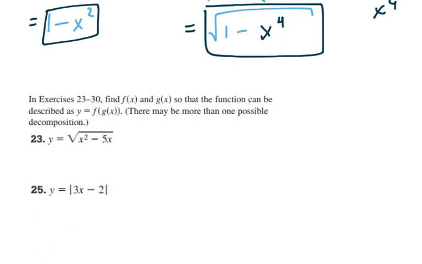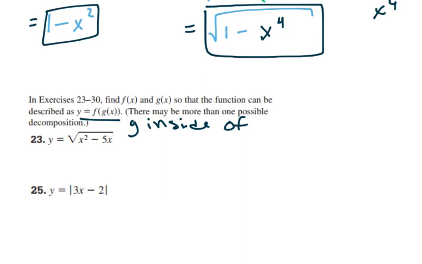Moving on, in exercises 23 through 30, we need to find f and g so that the functions can be described as g being inside of f. So again, this statement here is g inside of f. Sorry, and you can see that there may be more than one possible decomposition, so this is just the way that, for instance, I am seeing it.